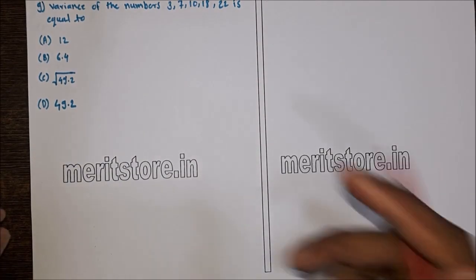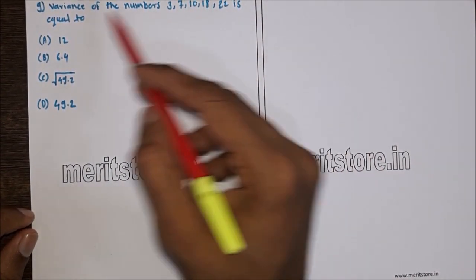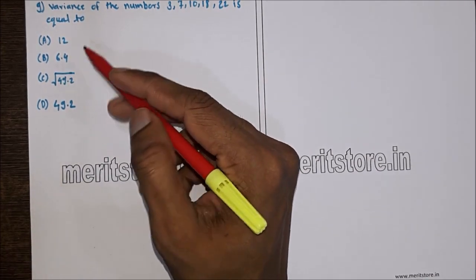Question 9. Variance of the numbers 3, 7, 10, 18, 22 is equal to, we have 4 options.